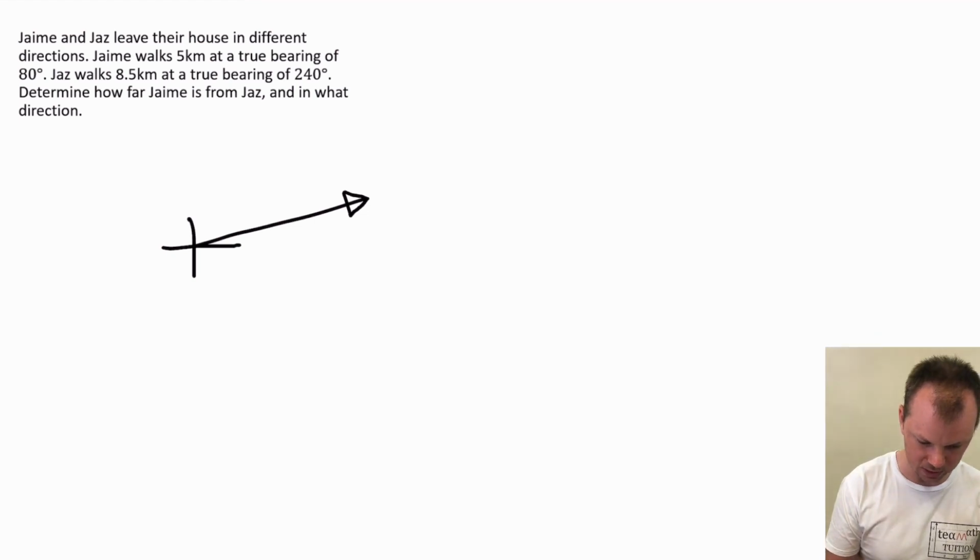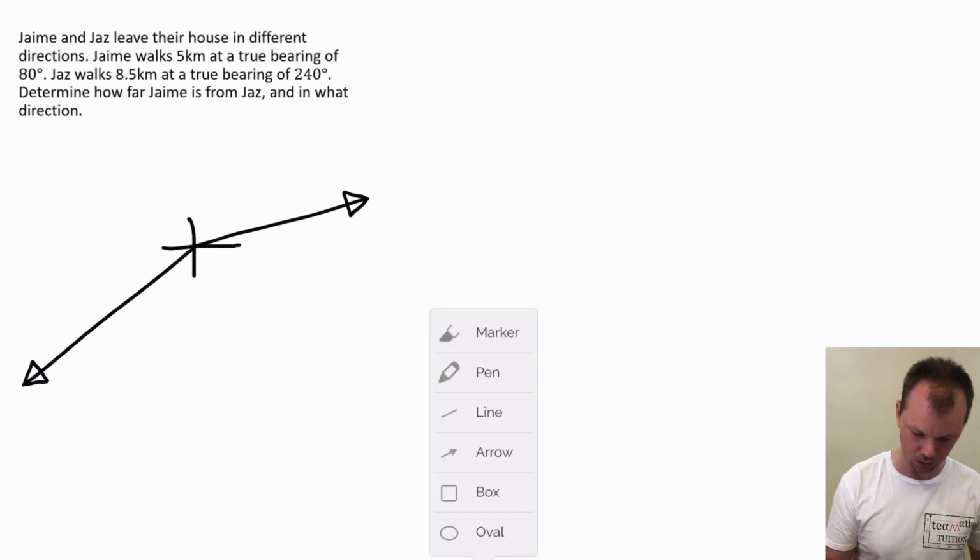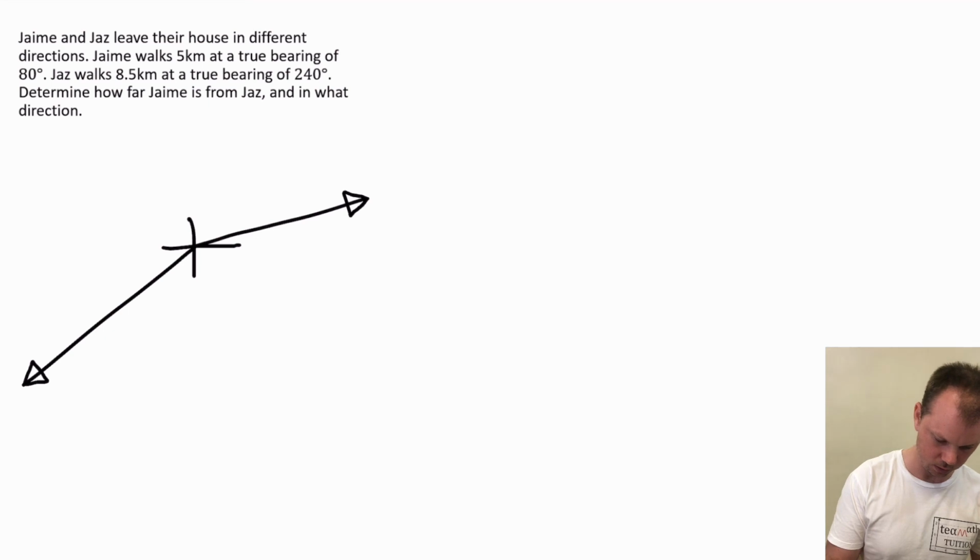We've got Jazz walking from the same location, 8.5 kilometers at a true bearing of 240. So we've got 90, 180, 270. So we're somewhere down here. And this vector is a bit longer. So this is where Jazz ends up. This is where Jamie ends up.